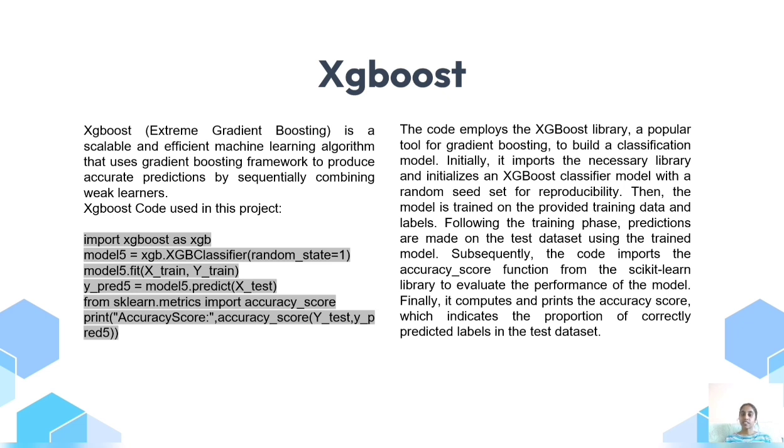Following the training phase, predictions are made on the test dataset using the trained model. Subsequently, the code imports the accuracy score function from the scikit-learn library to evaluate the performance of the model. Finally, it computes and prints the accuracy score, which indicates the proportion of correctly predicted labels in the test dataset.